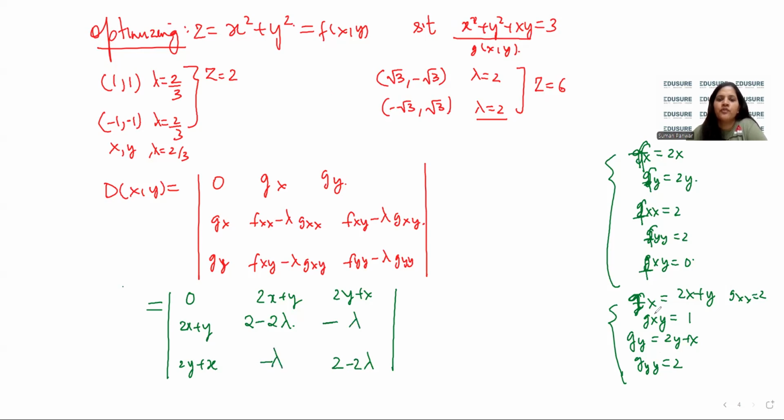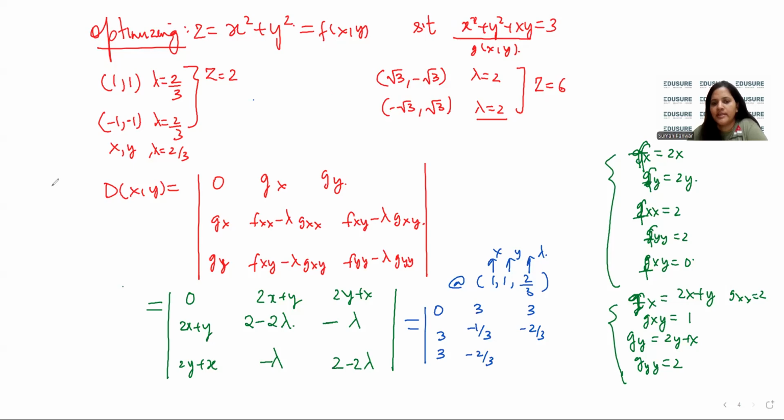Now let us see what is happening at one of these points. At (1, 1, 2 by 3), this is the value of x, this is the value of y, and this is the value of lambda. Let us see what the determinant is. So this is 0 and this is 3, 3, 3. 2 minus 4 by 3 will be minus 1 by 3, minus 2 by 3, minus 2 by 3.